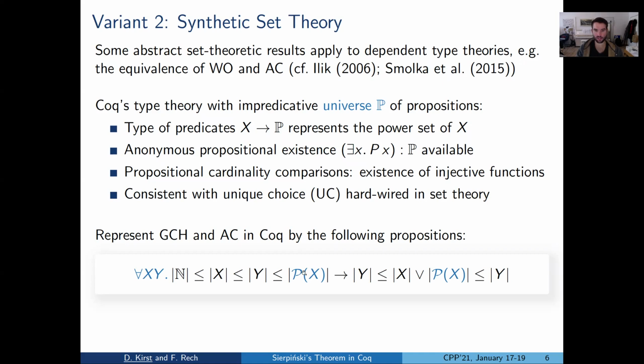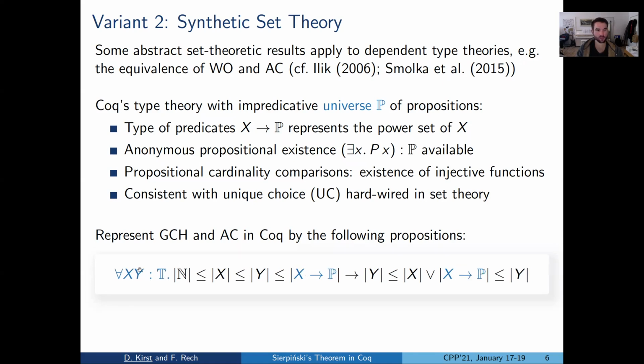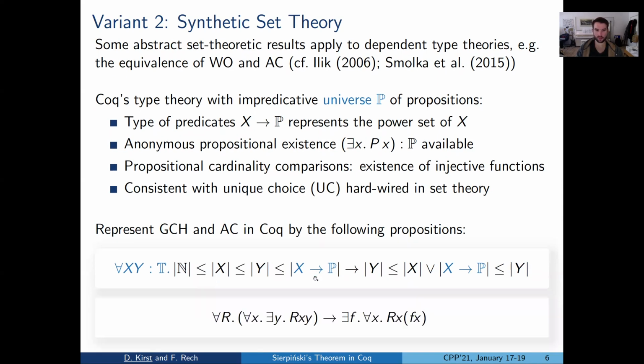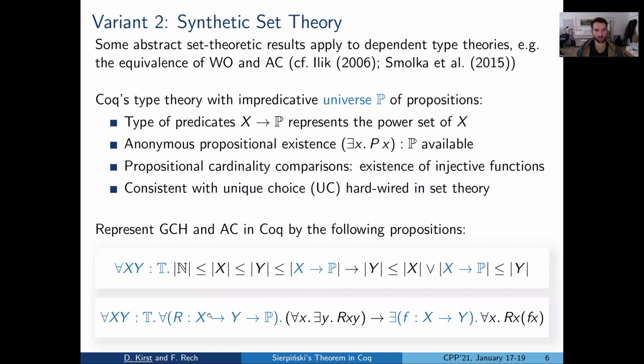And with what I have said above, it is clear we can quantify over all types, because in this interpretation, the sets are just the types, and the power set is the type of unary predicates. And similarly, for the axiom of choice, we have to clarify what we are quantifying over, and we're quantifying over the type-theoretic notions of binary relations and functions.